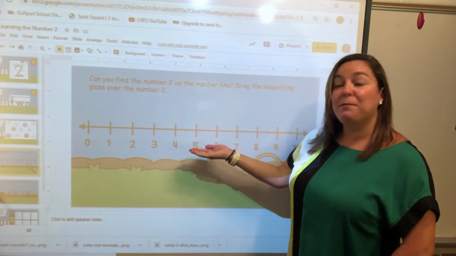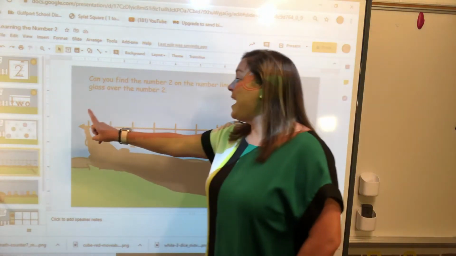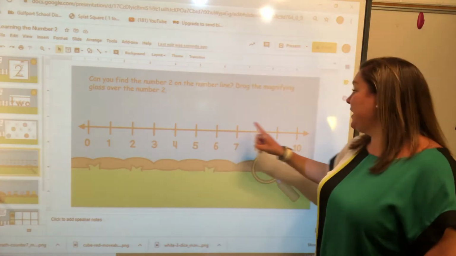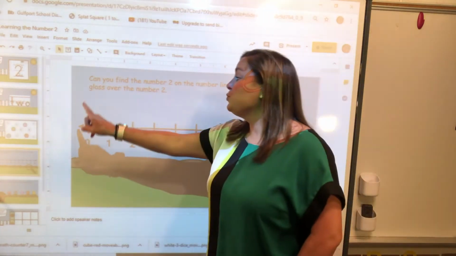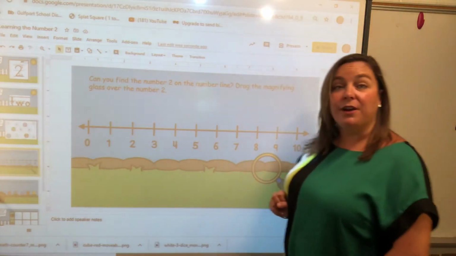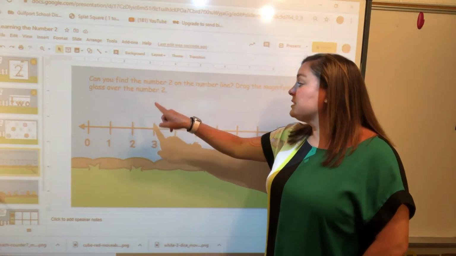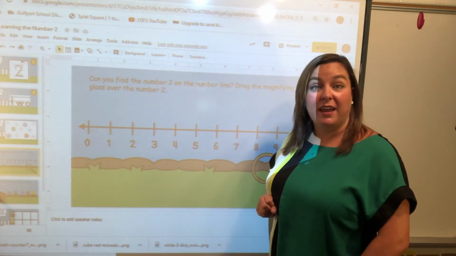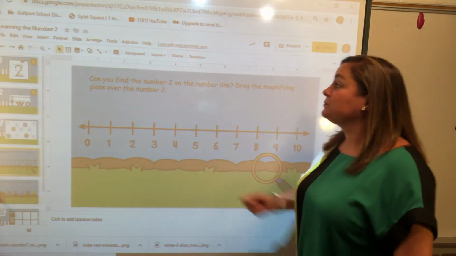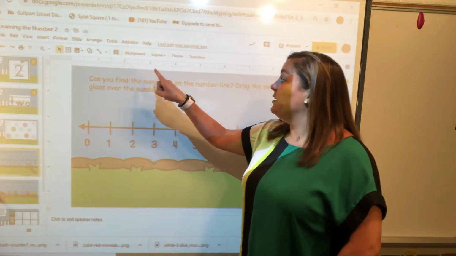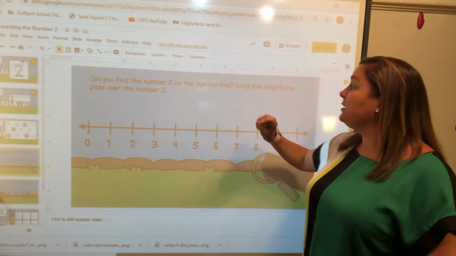Here is our number line. Our number line has a line that goes all the way across and has 1, 2 arrows. Our number line also has tick marks. The tick marks represent the number value. Can you find the number 2 on the number line?